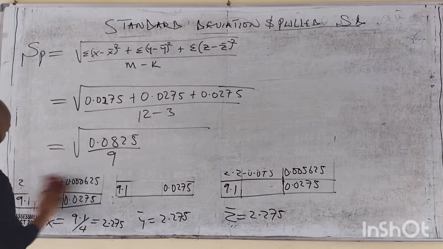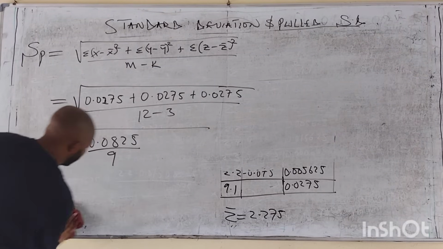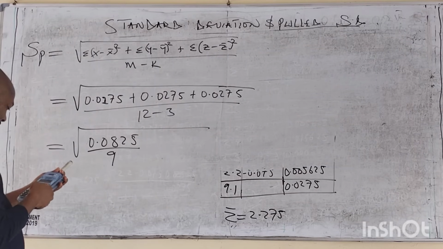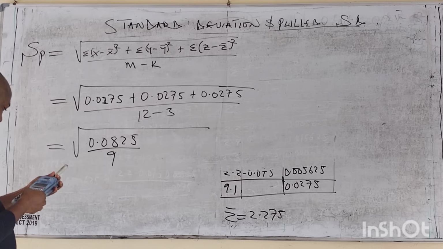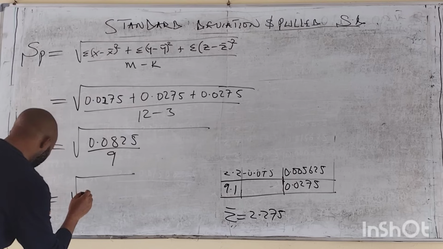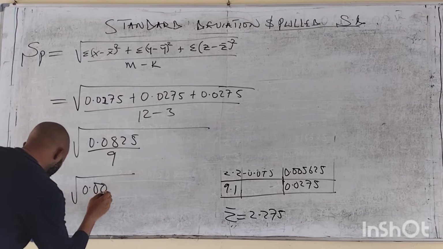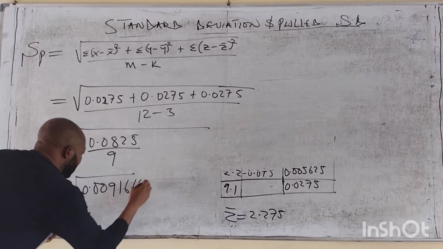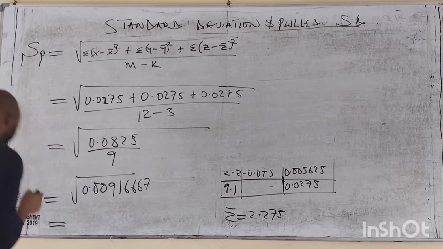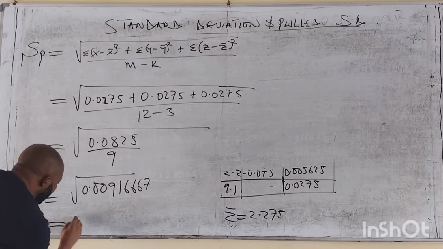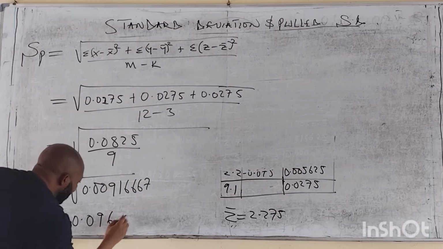Calculate this now. Okay, 0.0825 divided by 9 is equal to this. So this is equal to the root of 0.00916667, the root of that is 0.096 approximately.